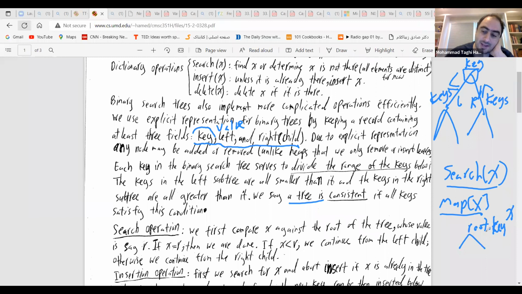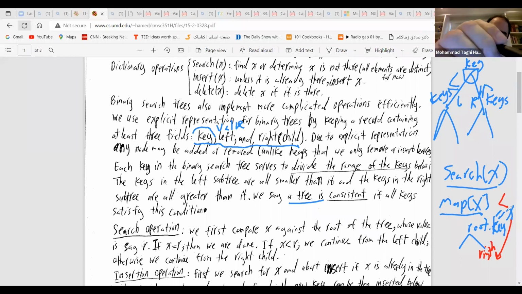If X is equal to root.key, then you are done. If X is greater than root.key, it means that you should come to the right child and do this recursively.